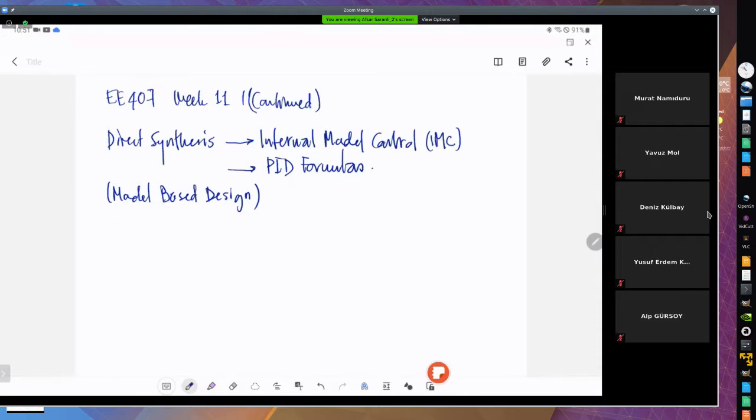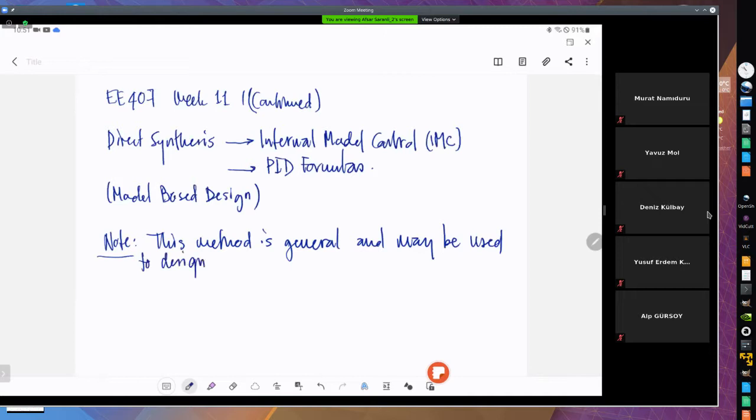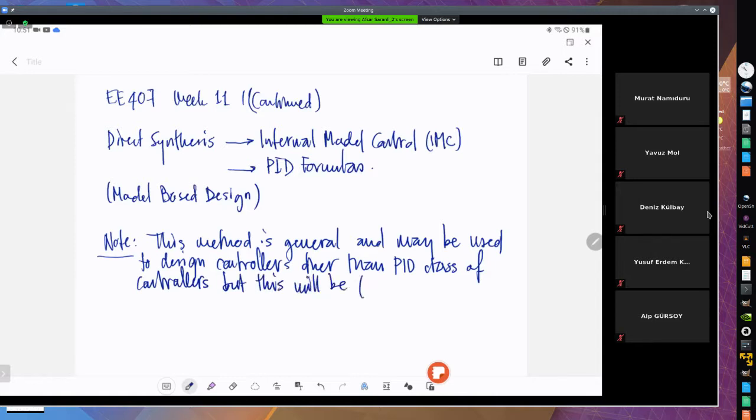So, by the way, let's start with a note. Okay, this method actually is general and may be used to design controllers other than the PID range of controllers, PID class of controllers, but this will be, that means the PID range of controllers will be our focus.